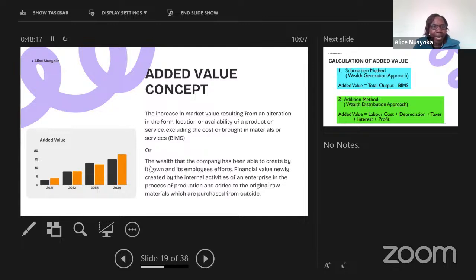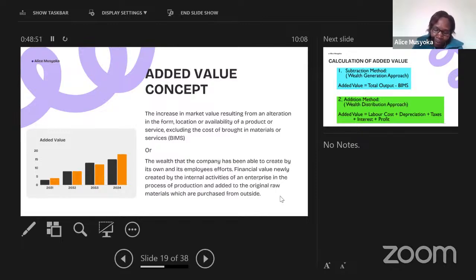Or we can talk about added value by way of looking at the wealth that the company has been able to create by its own and its employees' efforts. We could also look at financial value newly created by the internal activities of an enterprise in the process of production and added to the original raw materials which are purchased from outside.